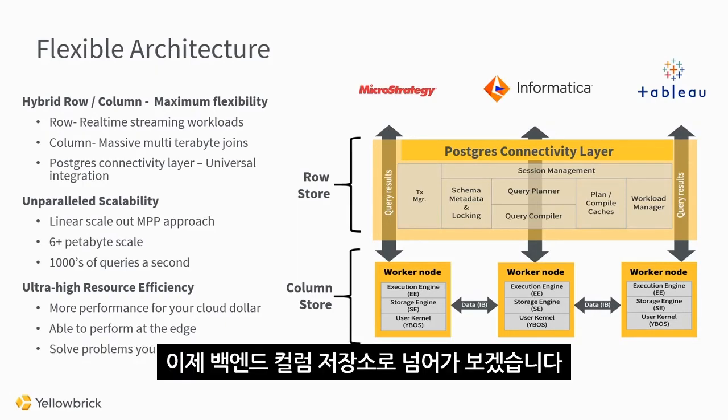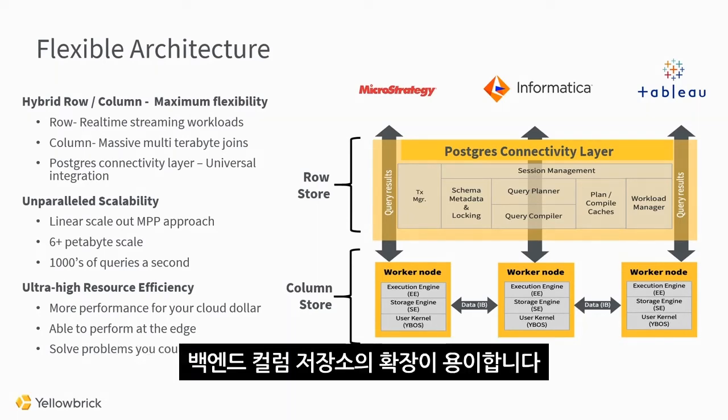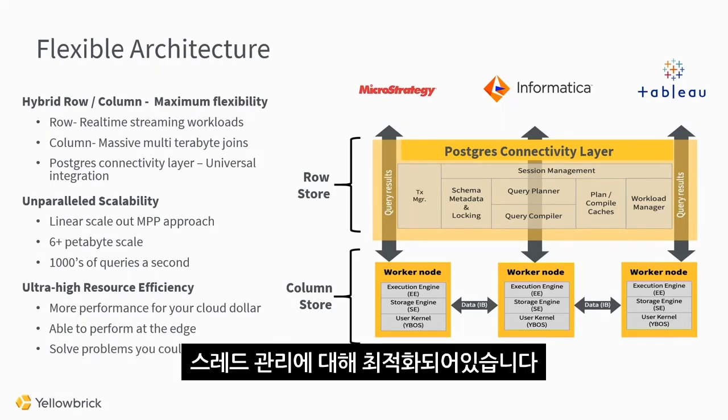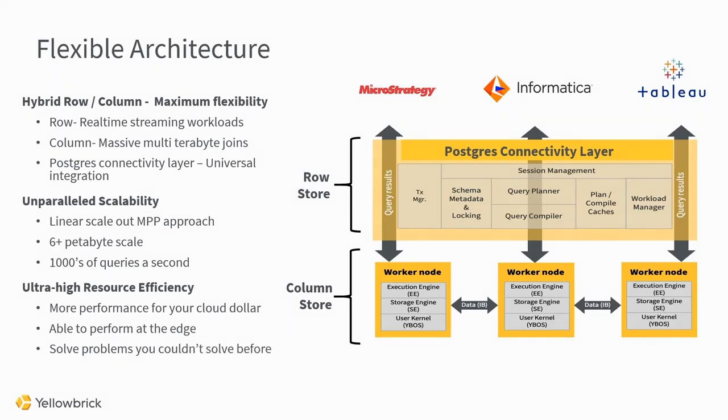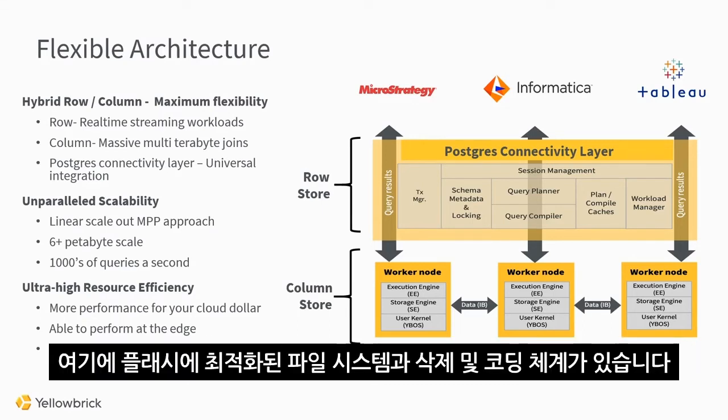Moving on to our back-end column store, Yellowbrick is an MPP database, which offers linear scalability on that back-end column store. Our column store has all the optimizations that we discussed earlier in the presentation around memory and thread management on the YBOS kernel. And our storage engine is a scale-out service that implements the distributed column store. This is where that flash-optimized file system and erasure encoding scheme live.